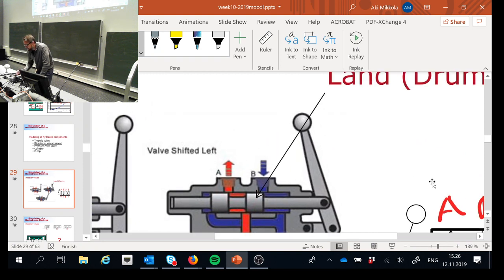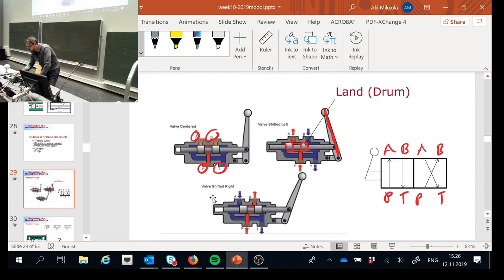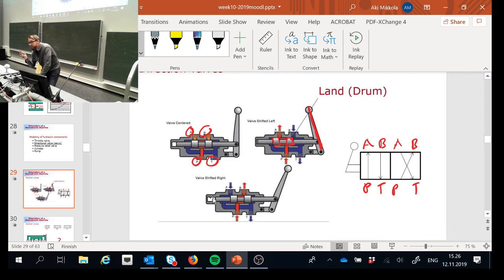This consists of a moving spool, and the spool is operated by a shaft. When you look at the spool, it works in such a way that there are lands that are connecting flow to different directions. So these lands or drums are the fundamentals of this operation. Clear?